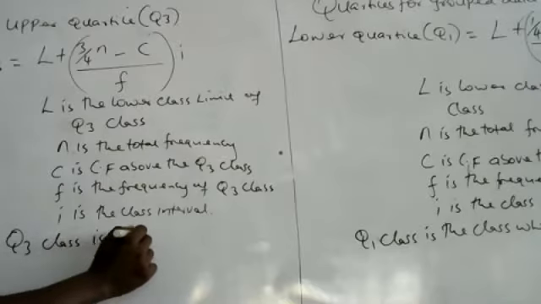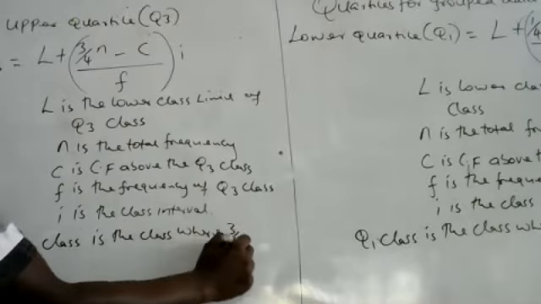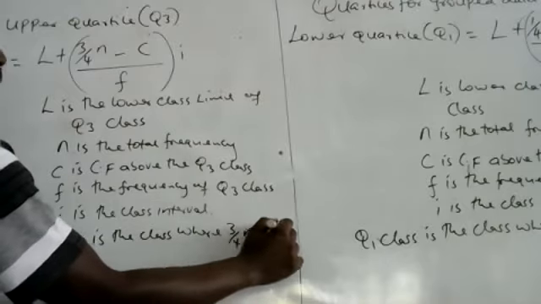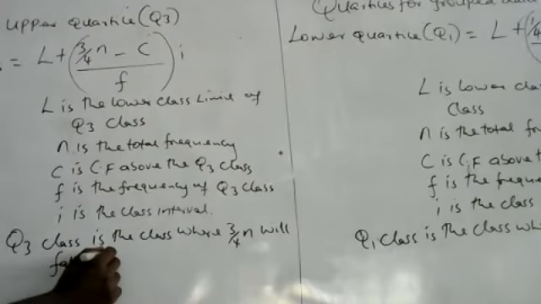On the same note, the Q3 class is the class where 3/4 N falls on the CF.